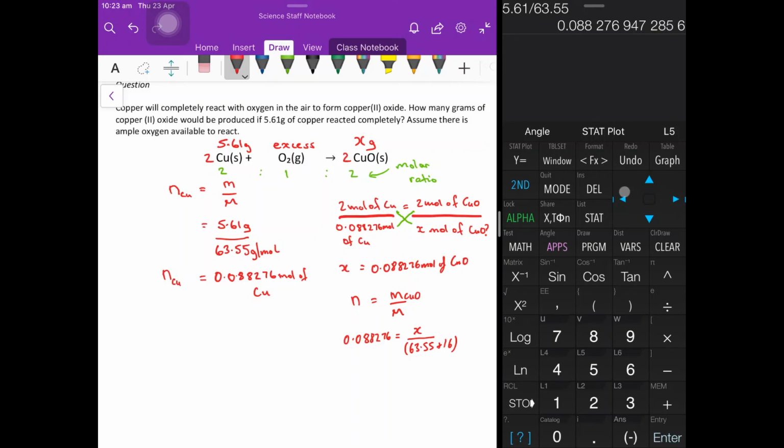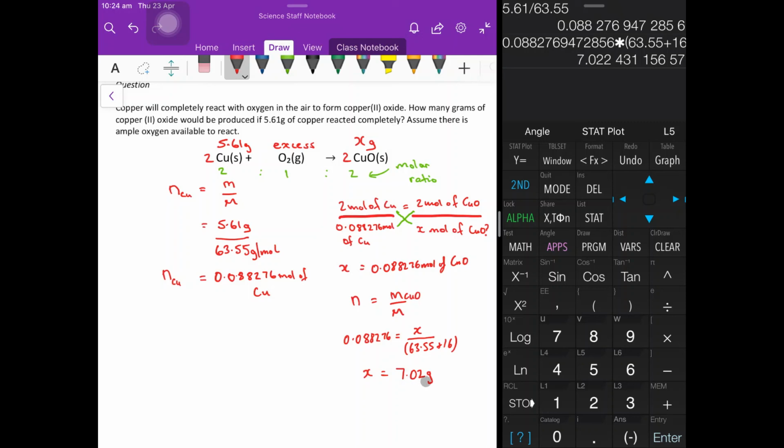So I'm going to say 0.0882769472856 times, in brackets, 63.55 plus 16 is equal to 7.02243115657. So x is equal to 7.022 grams.